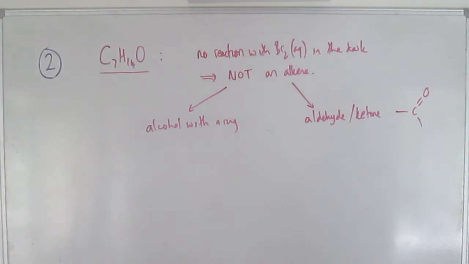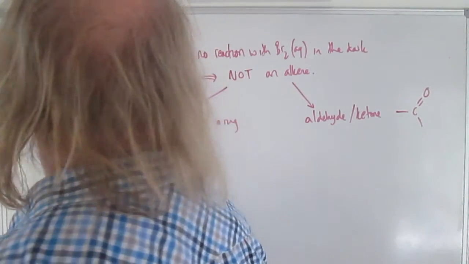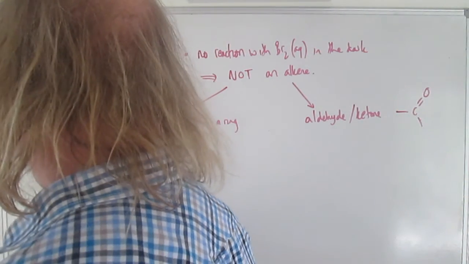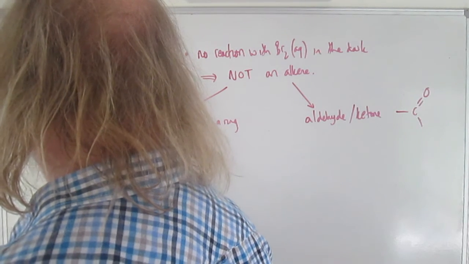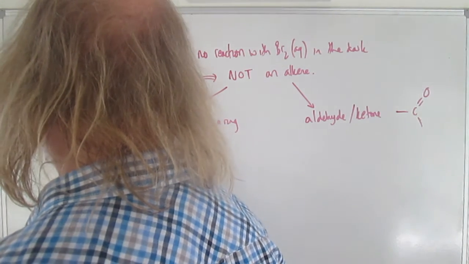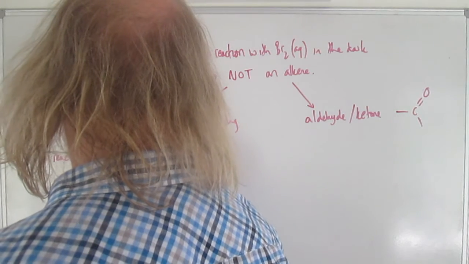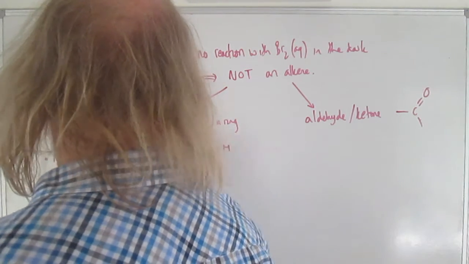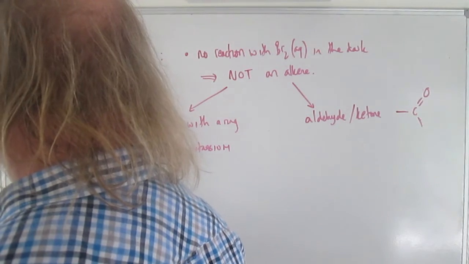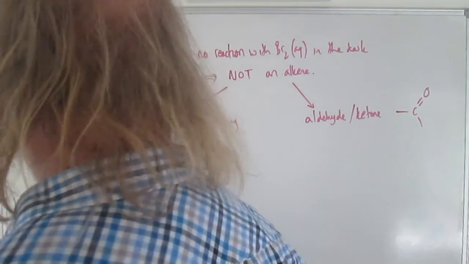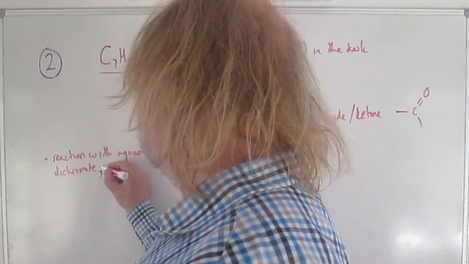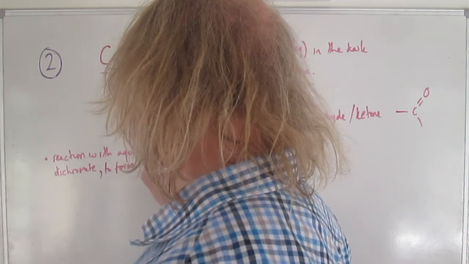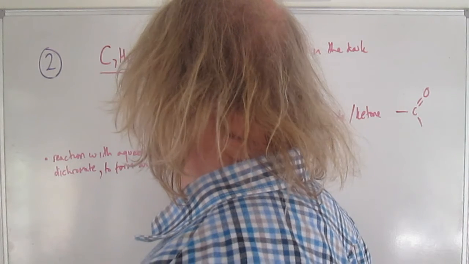The next piece of evidence then is that you get reaction with aqueous acidic potassium dichromate, and that immediately narrows it down a bit, because that tells you, well, it can't be a tertiary alcohol, because tertiary alcohols, remember, don't react with aqueous acidic potassium dichromate to form an acidic organic product.